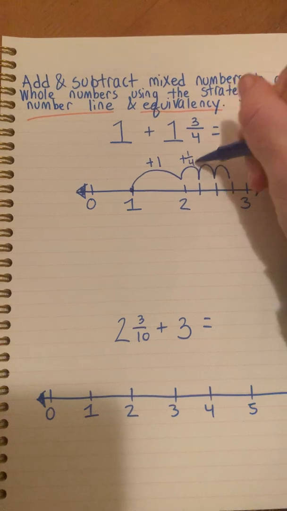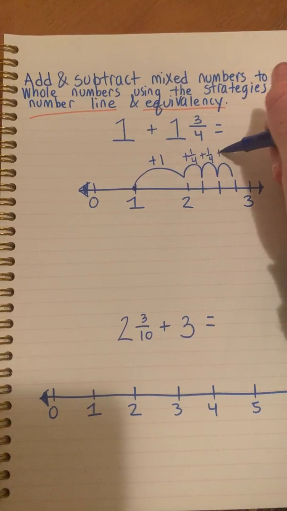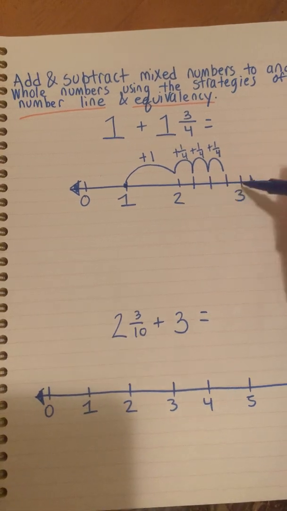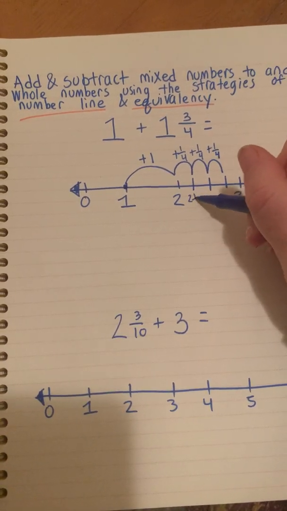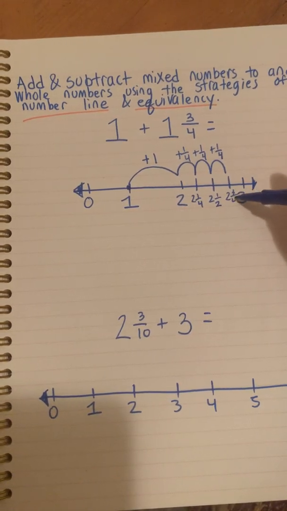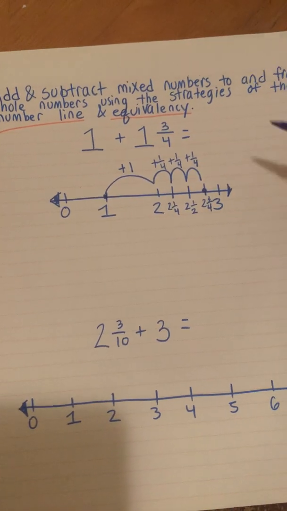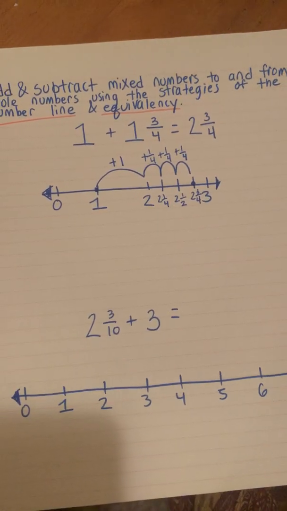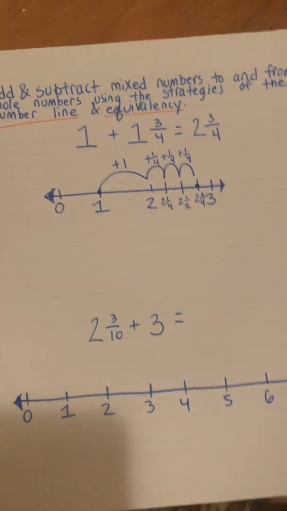Plus a fourth, plus a fourth, plus a fourth. And I can see that I landed on, okay, I'm going to label these tick marks. So this is 2 1/4, 2 1/2, 2 3/4. So I can see that I landed on 2 3/4. And that's my sum.